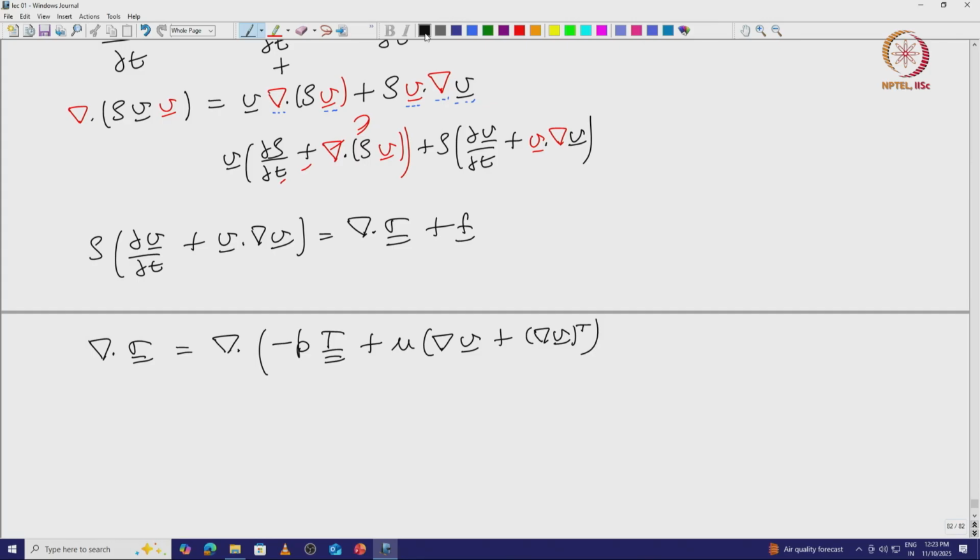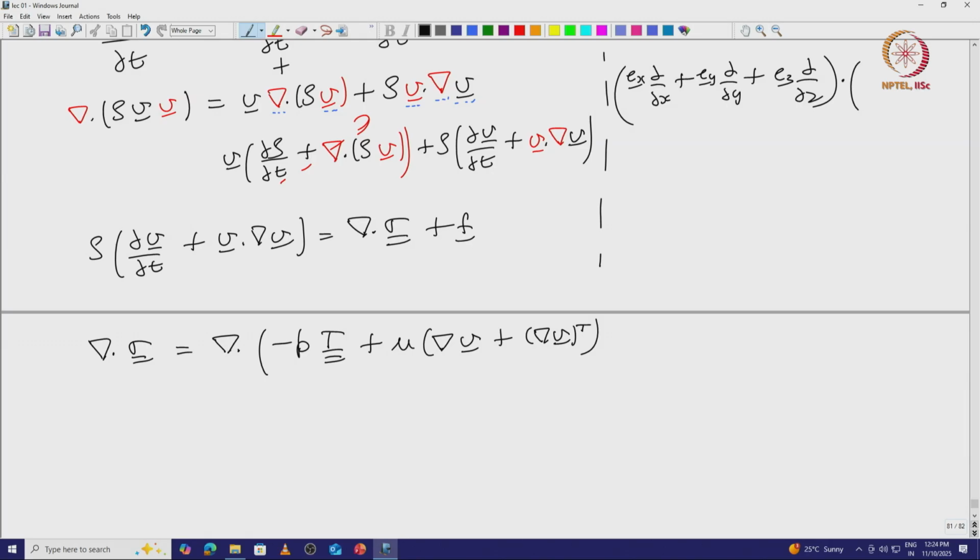Now, this first term is the divergence, which I will write here for simplicity: Ex partial by partial x plus Ey partial by partial y plus Ez partial by partial z, dotted with the identity tensor.